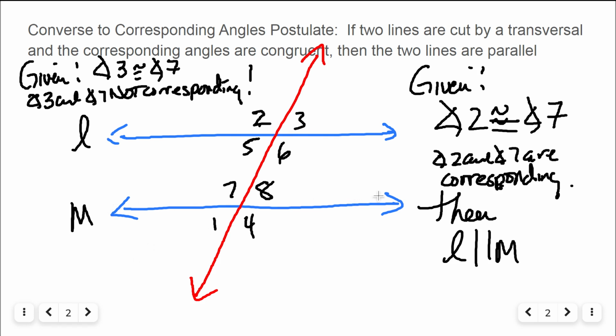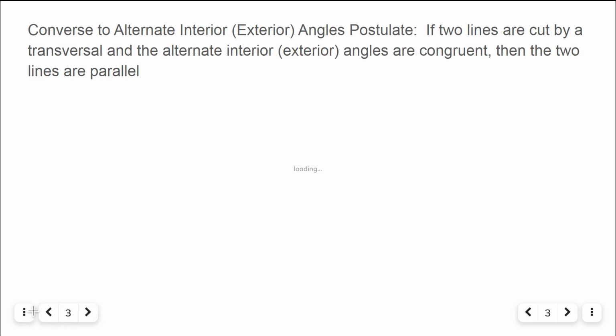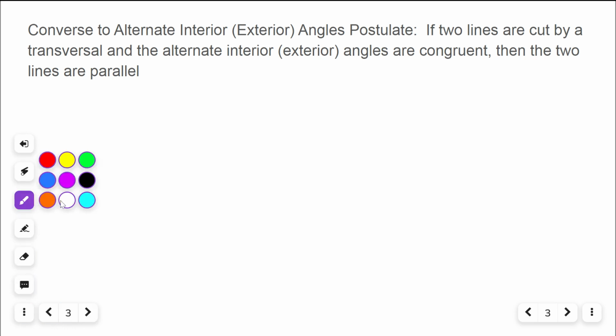Okay, you can only say these two lines are parallel if I give you, for example, two corresponding angles that are congruent. All right, but it also works with the other sets of angles as well.